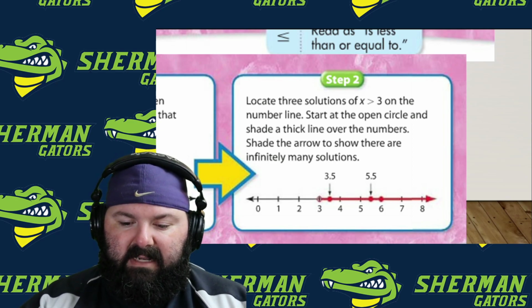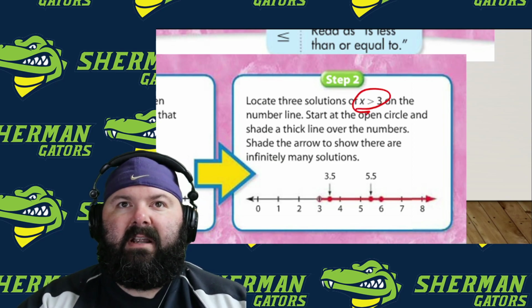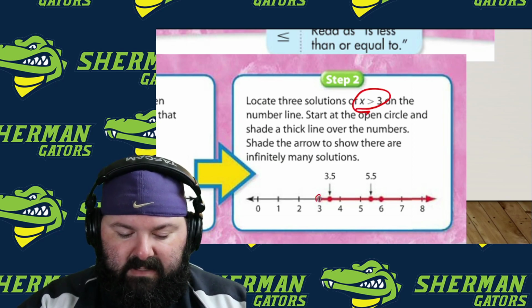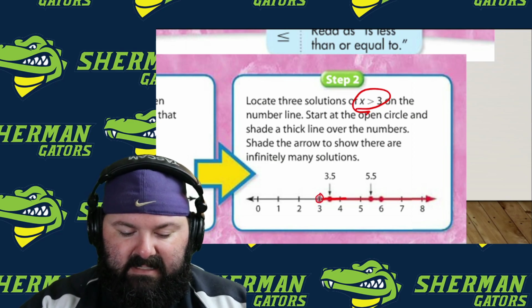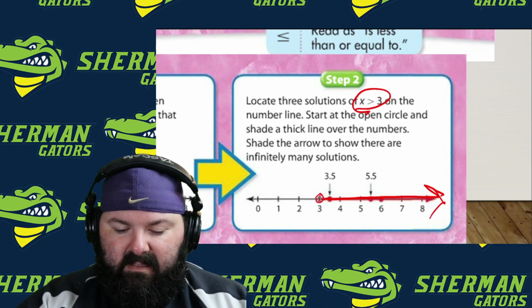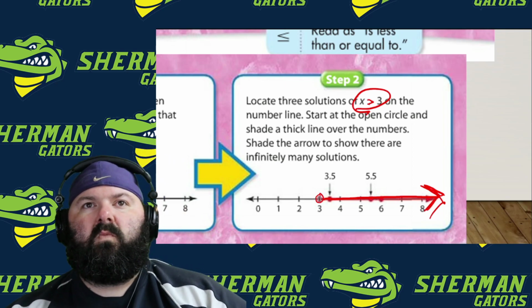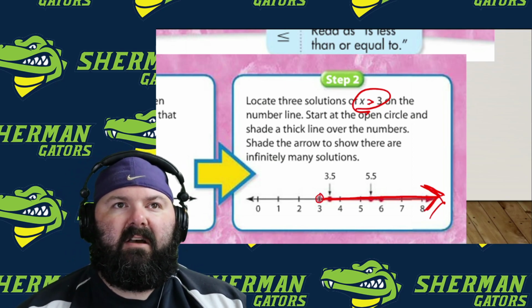So on here, one thing I do want to point out, if you notice, this is x is greater than 3. Here is our open circle, and our line is going this way. Now, if you notice, our symbol is pointing to the right and our arrow is pointing to the right. So there's one big hint that is going to help you with this.